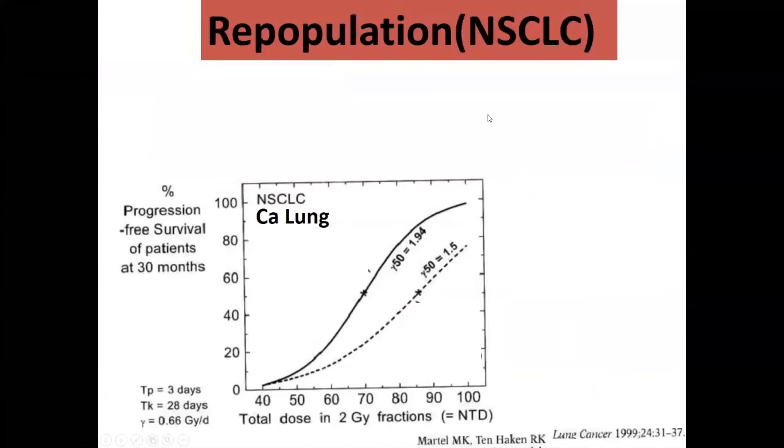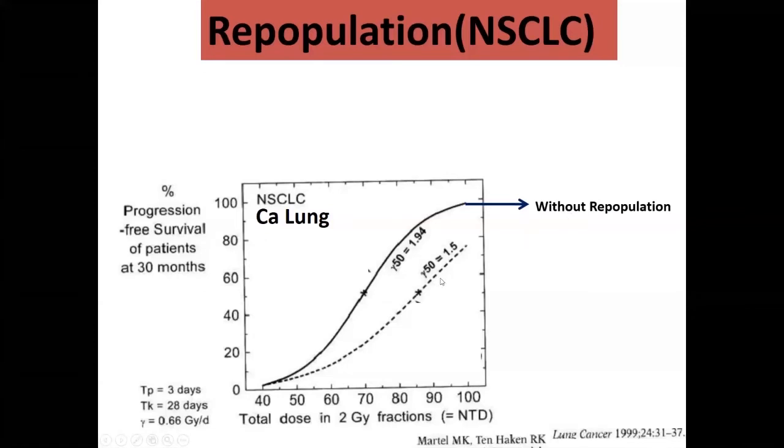Now let us discuss the third R, that is repopulation. I have taken an example of non-small cell lung carcinoma. These two graphs show the tumor control probability of NSCLC. This graph belongs to when there is no accelerated repopulation during radiation.